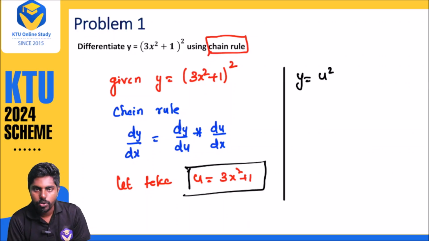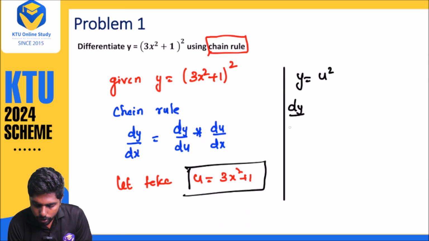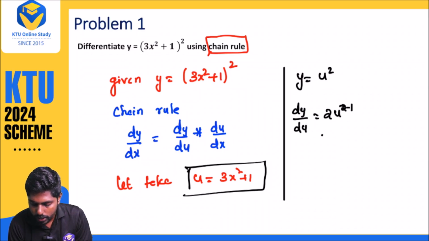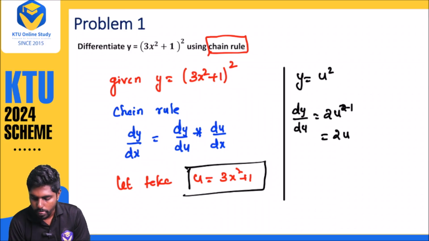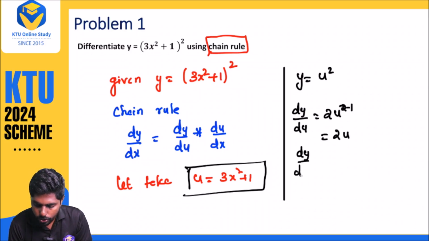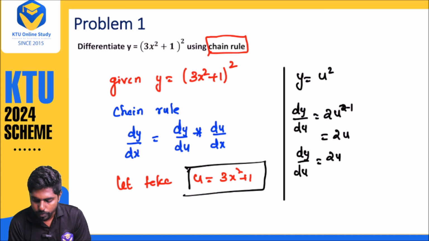We want dy by du, which is differentiating it: 2 into u power 2 minus 1, that is 2u. So dy by du is equal to 2u.